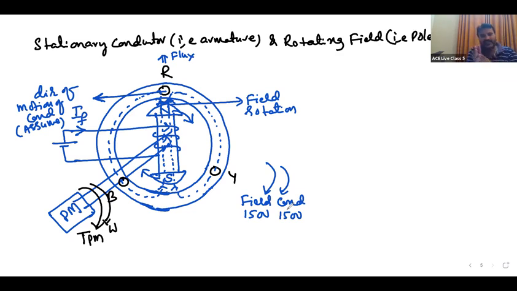So when the conductor is stationary, you have to assume the motion of the conductor opposite to the field rotation.